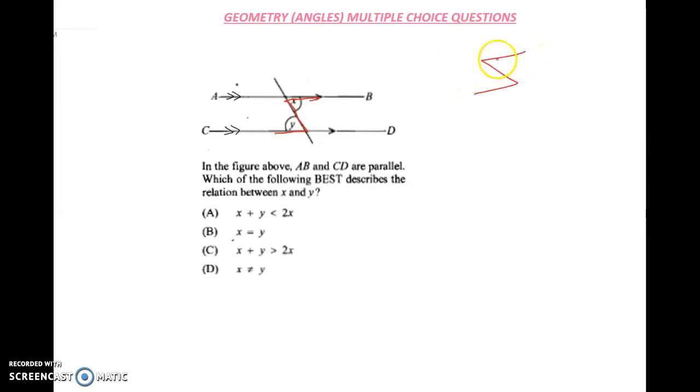Z angles are equal, meaning the two angles in the little corners here are equal to each other. They are known as Z angles. The Z could be a regular Z, sometimes the Z might be the wrong way round like that. Or the fancy word for it is alternate angles are equal.